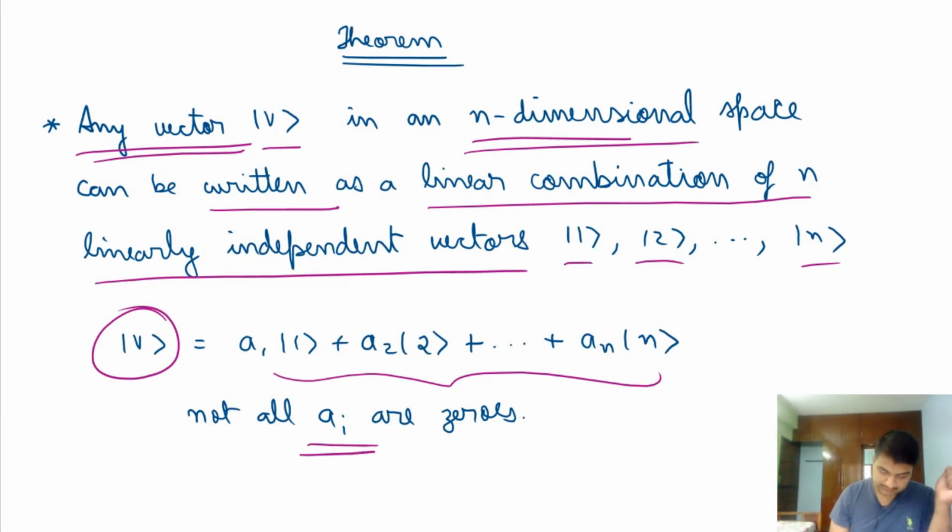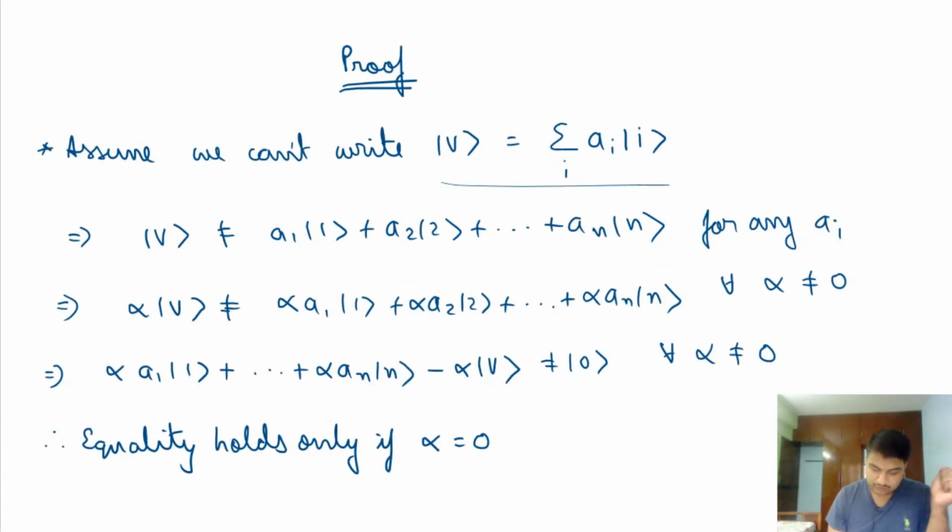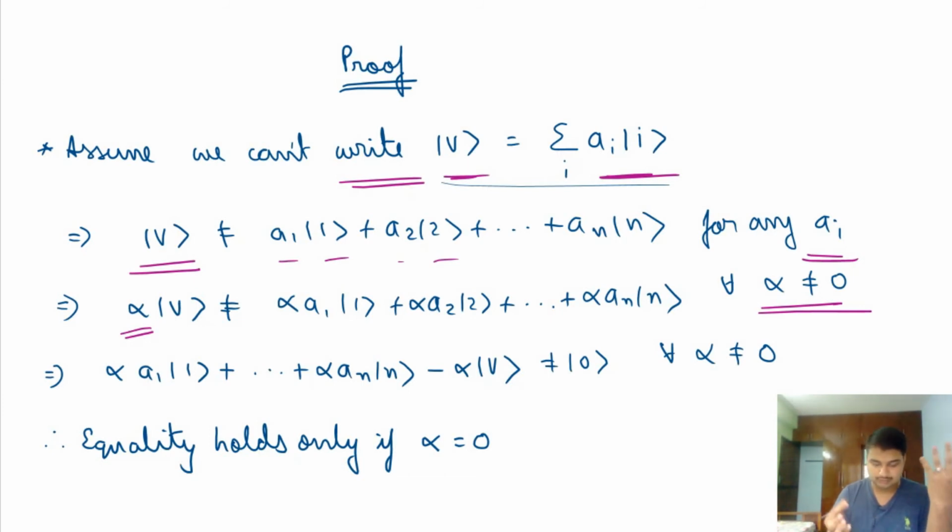Now let us prove this very quickly. First we assume that we cannot write v as a linear combination of these vectors. That means we cannot have the equation v equal to a1 times v1, a2 times v2, and so on, for any values of ai. Now I multiply both sides with alpha such that alpha is not equal to 0, because if alpha is equal to 0, both sides will become 0.